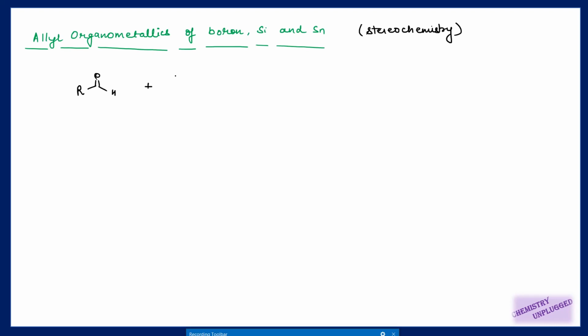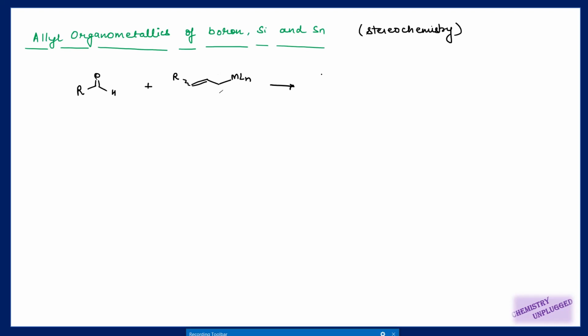Suppose we have this type of structure, this is my allyl group, and we have a substituent here, which is not necessary, we can have it or not, and here a metal with ligands. The metal can be boron, silicon and tin, right? If we have R here, first we will take the mechanism that we have discussed.